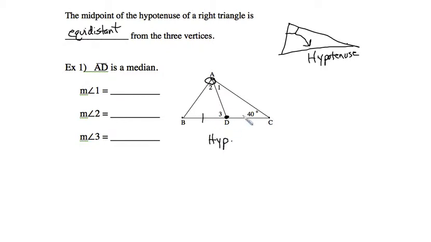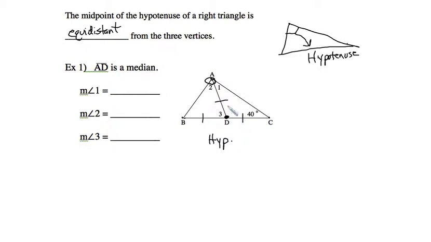So midpoint means that BD and DC are the same, but since it's the midpoint of the hypotenuse, it's equidistant from the three vertices of B, C, and A. So these three sides are the same. So using that theorem about the midpoint of the hypotenuse, I was able to mark the triangle this way.